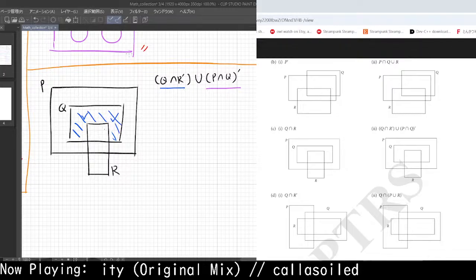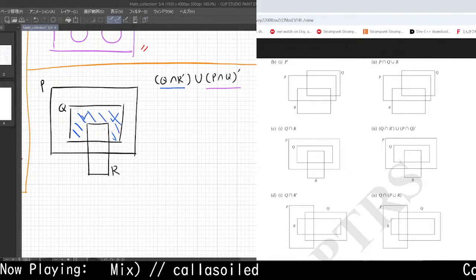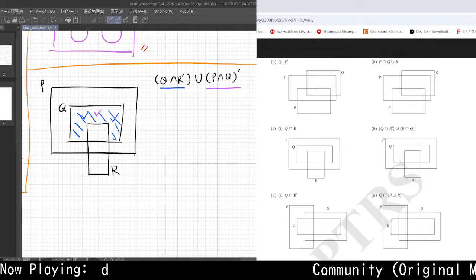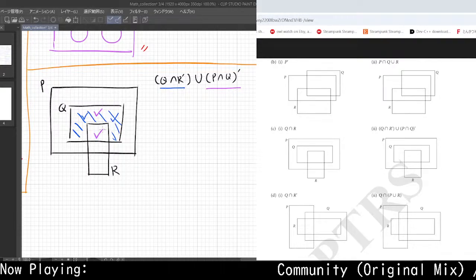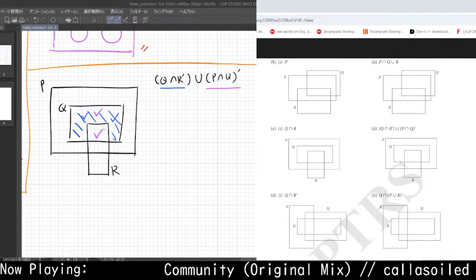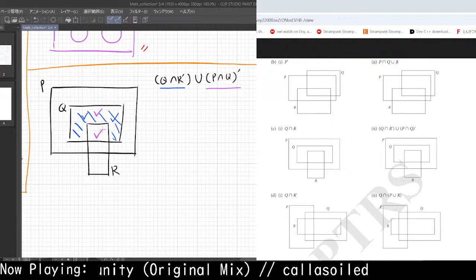Okay. P ∩ Q, P overlap with Q. Since P is large, Q is small, the overlapping portion is basically the entire Q. So it will be this portion over here and this portion over here. Yeah, so it will be the entire Q because Q is a subset of P. Q is inside P.